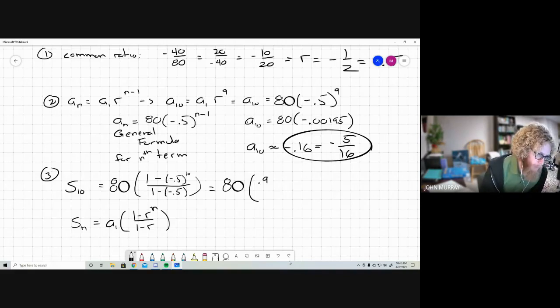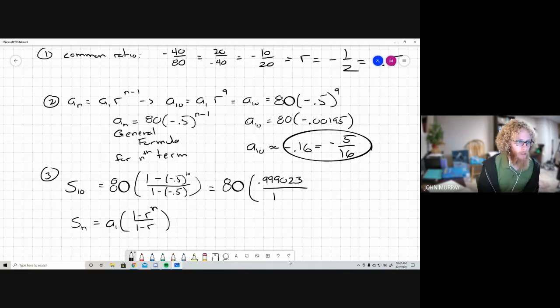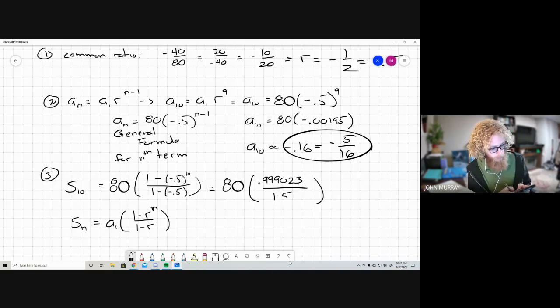In the numerator, we're going to have 0.999023. I'll leave it at that. And then down here, this is going to get us 1.5. So I do that first: 0.999023 divided by 1.5, and multiply that by 80.